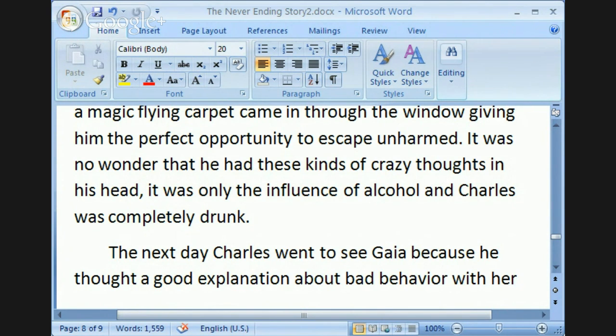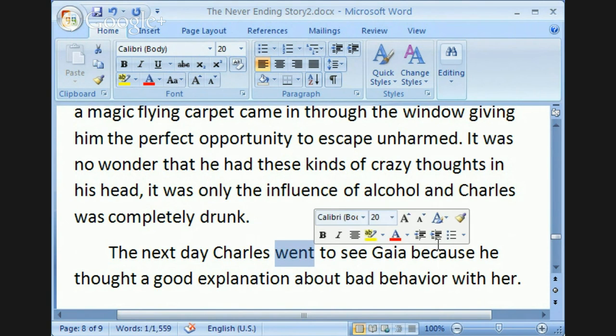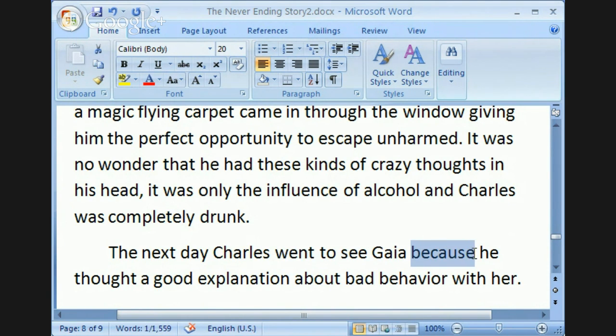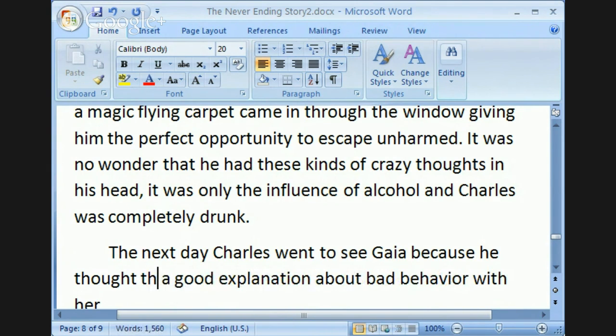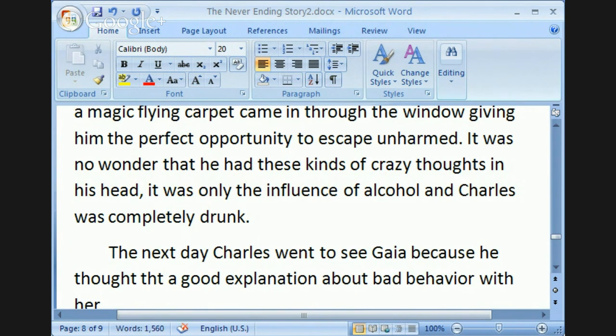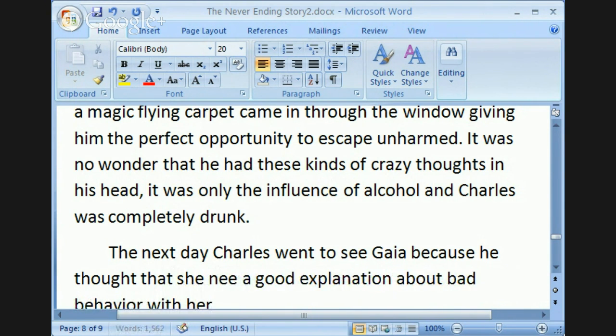Okay. Now let's take a look here. The next day, all right, you start with a time phrase. That's great. Charles, subject noun. Okay, great. Verb, went to see Gaia. Okay. Fine. Because he thought, okay, now this part needs some help. He thought that, that's better. She needed. He thought, no, she needed. Well, okay, that she needed, okay.